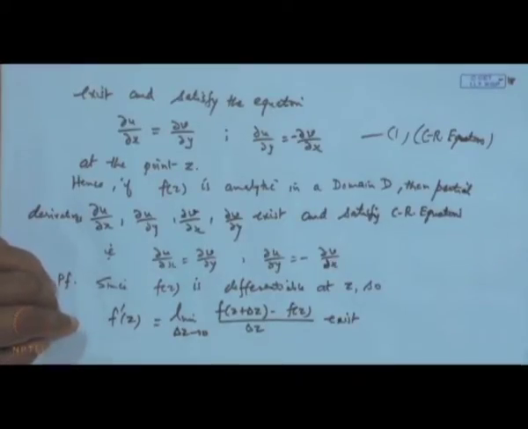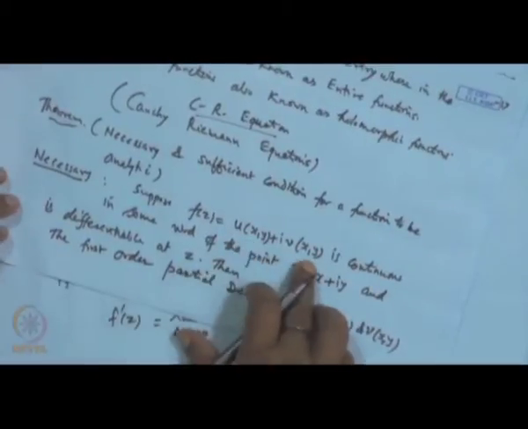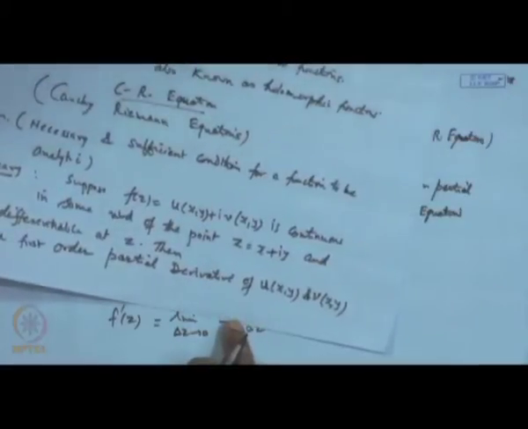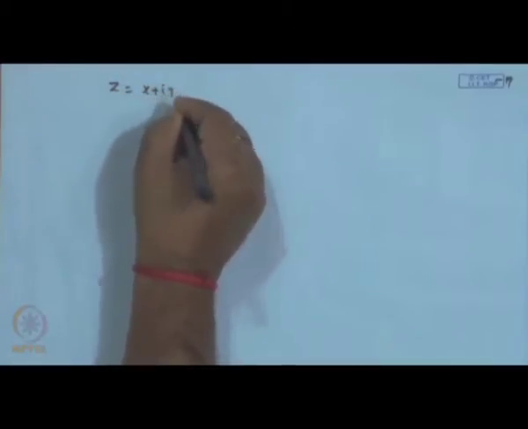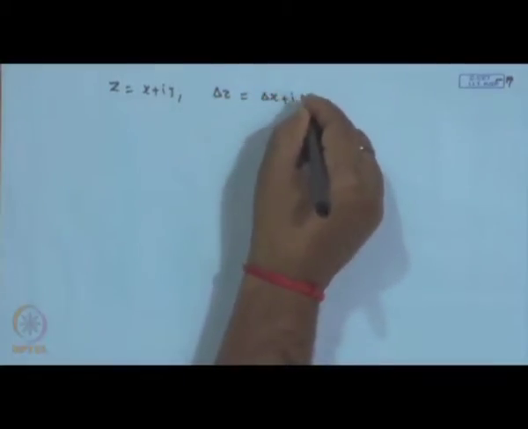Now, f of z we are taking to be u plus i v. So z is x plus i y, and delta z is delta x plus i delta y.